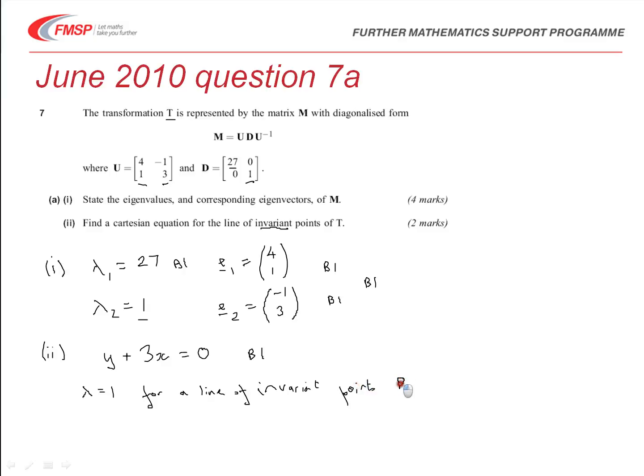And that will give you an additional mark in your explanation. So what you are thinking is what you should write down.